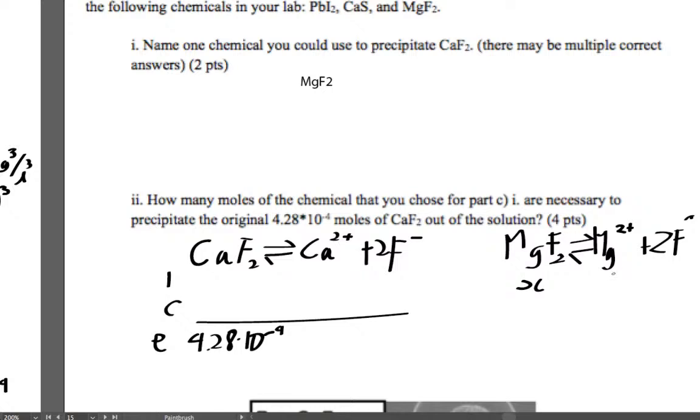And then for this one here, this would be X. This one here would be 2X. That means we are assuming this to be fully dissociated.